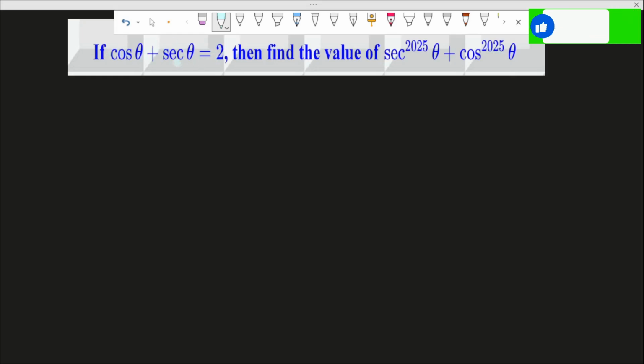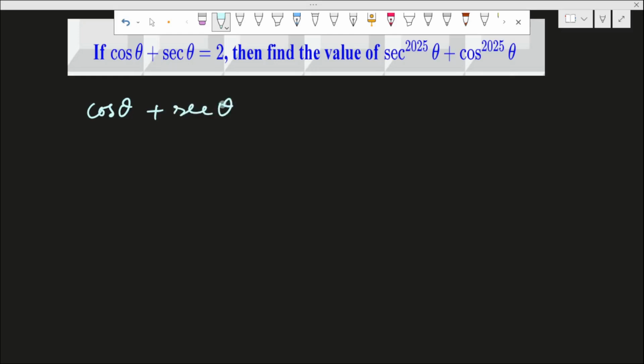Now writing the given equation: cos theta plus sec theta is equal to 2. Here there are two trigonometric functions, cos theta and sec theta. To solve this equation, we have to convert it into one trigonometric function, that means either cos theta or sec theta.